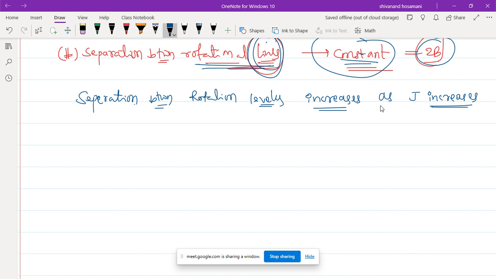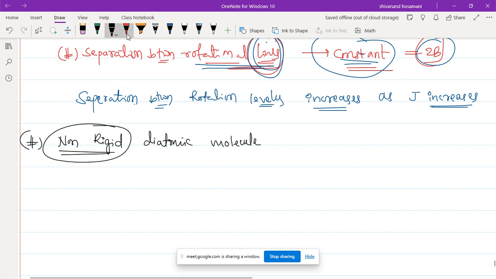See this, if this is a non-rigid diatomic molecule. Non-rigid means the bond is not fixed; variation happens. Separation between the atoms remains constant during a rotation, that is called a rigid rotor.